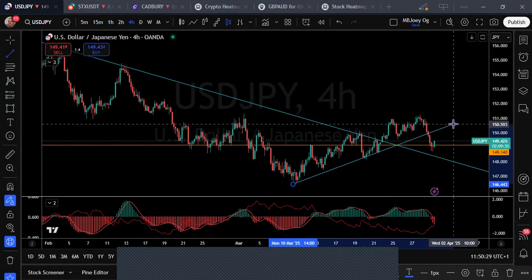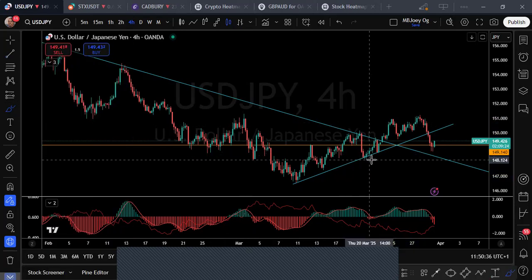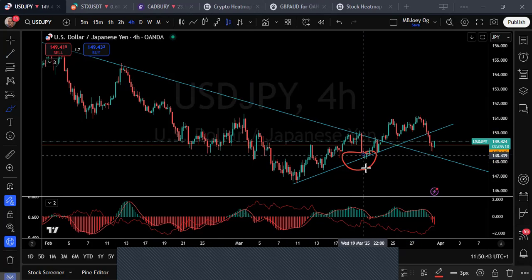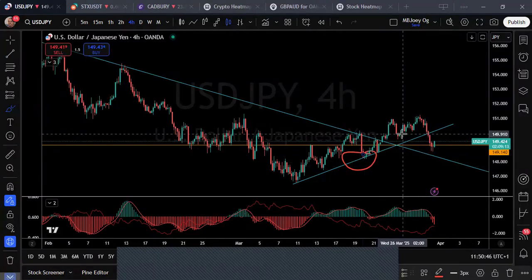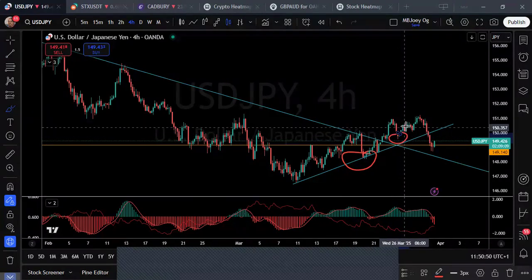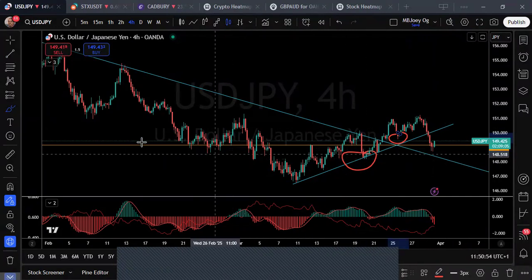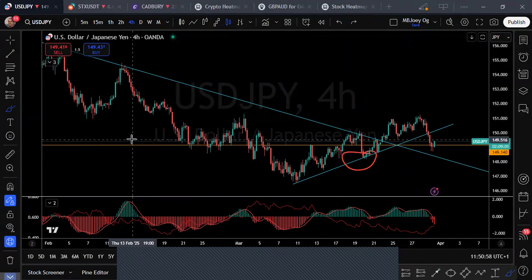This lower point is where we need price to break and say, okay, price has broken this low point. This is also a good point for us to say that price has broken this low point and is likely going to continue downward. So here is downward.